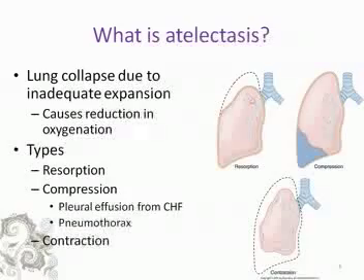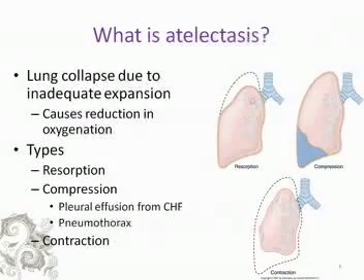This brings us to our first pathologic term, atelectasis. This is really lung collapse, where the lung is not expanding appropriately or adequately. It therefore will manifest and cause a reduction in oxygenation within the body. We can see three different varieties of atelectasis on the right side of the slide: resorption, compression, and contraction.